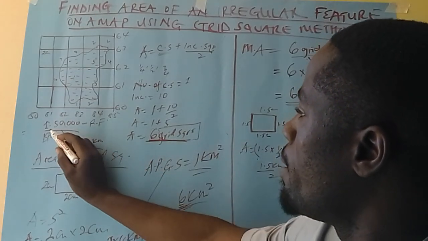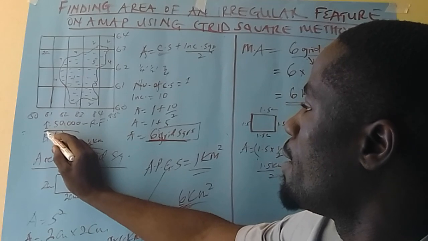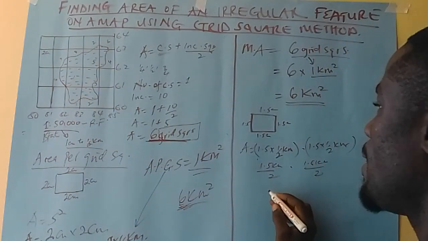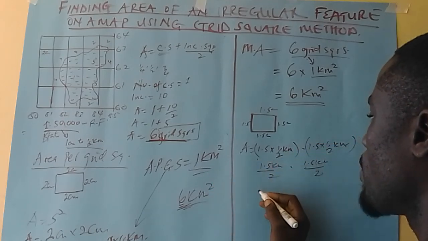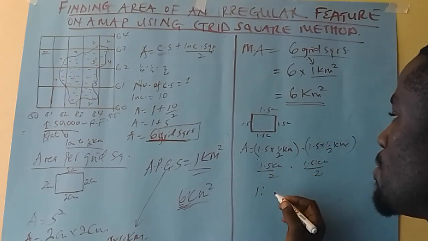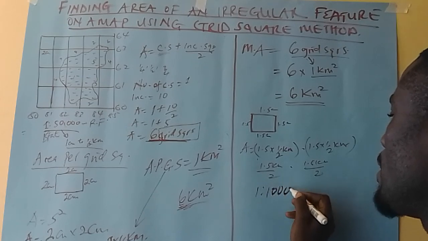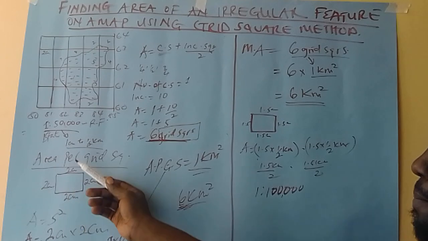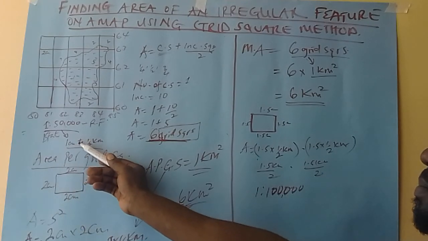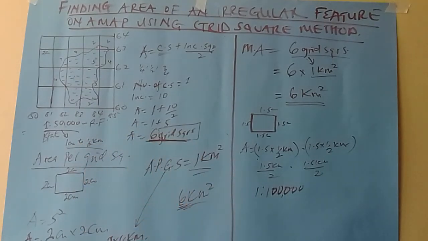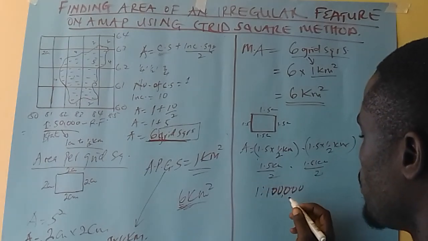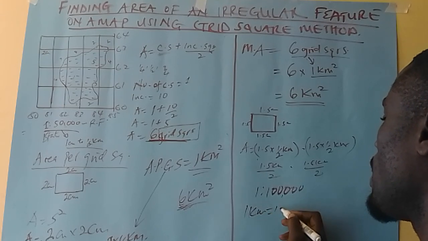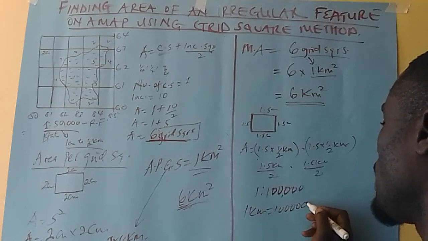But still, even if I leave the side of the box to be 2 centimeters, but I say, now let's assume they have changed the map extract they have given to you to 1 centimeter representing 100,000 centimeters. It will not still be the same here. Why? Because 1 centimeter will not be representing half a kilometer. We know that 1 kilometer equals 100,000 centimeters.